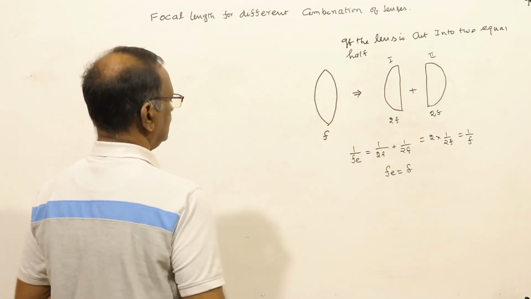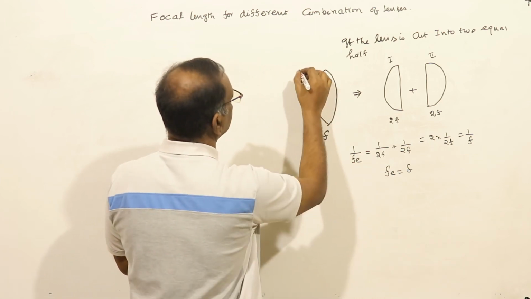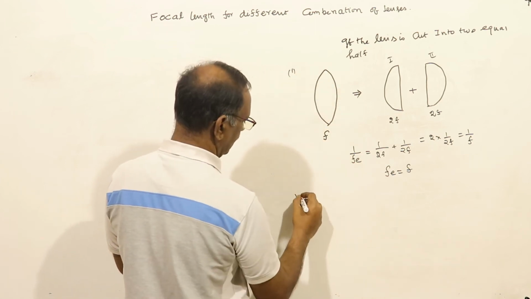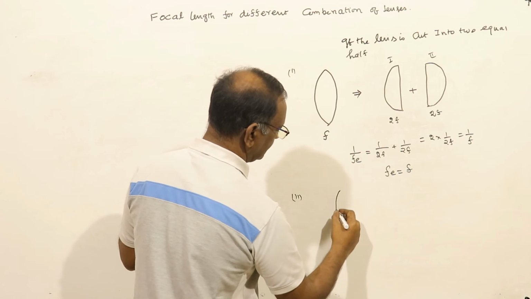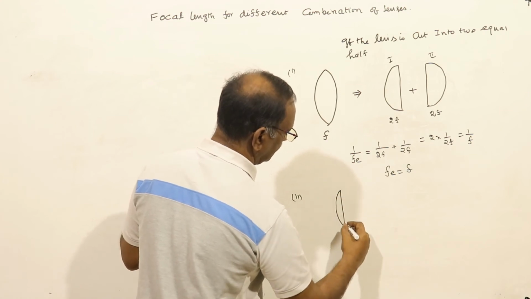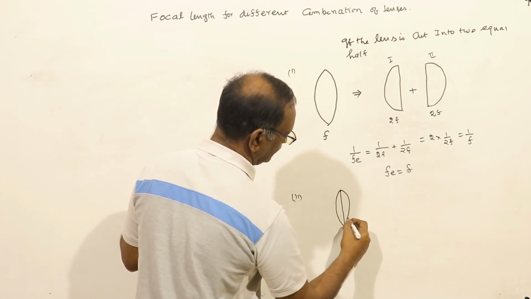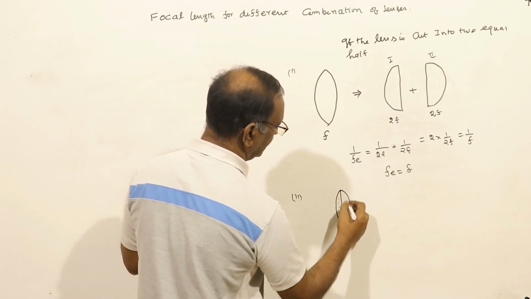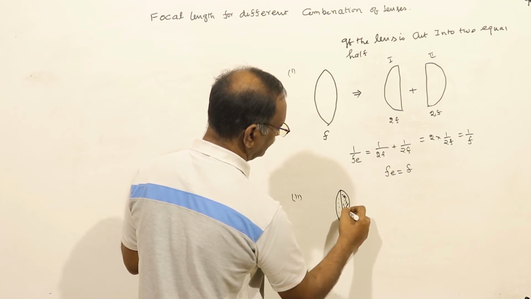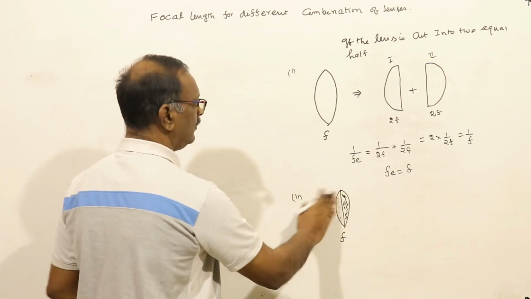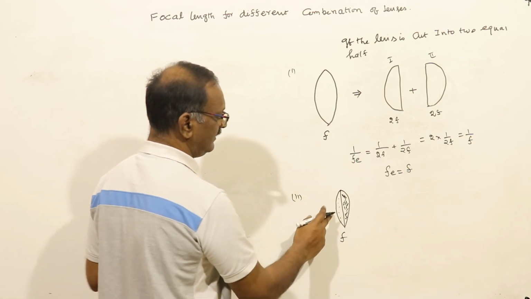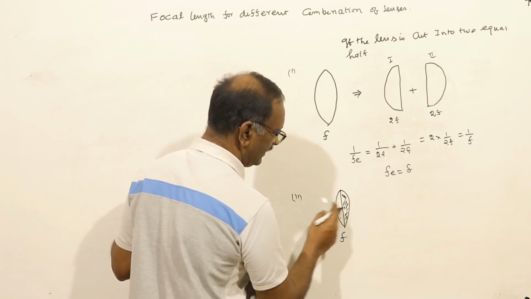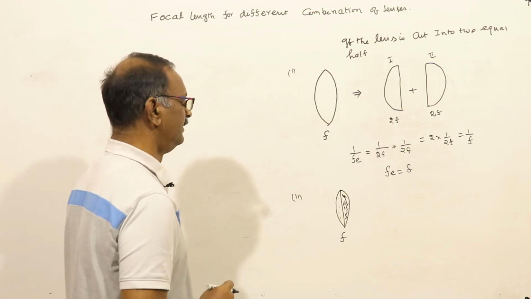Now suppose a lens, half the lens and another half lens, both having focal length f, is made up of two different materials. One half is made of some material having refractive index mu1, another one has refractive index mu2.